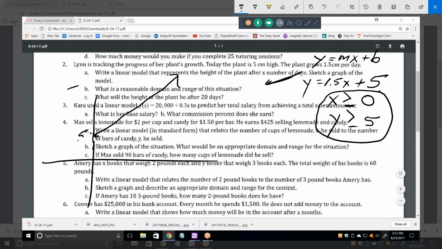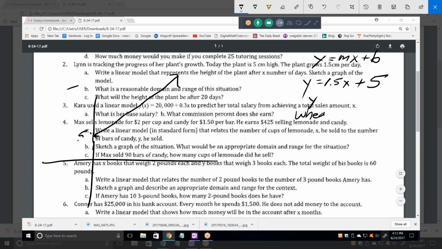What's the height of the plant after 20 days? 30 centimeters. Hold on. That's the same question as saying, what is y when x equals 20?